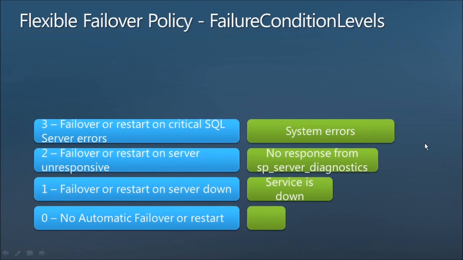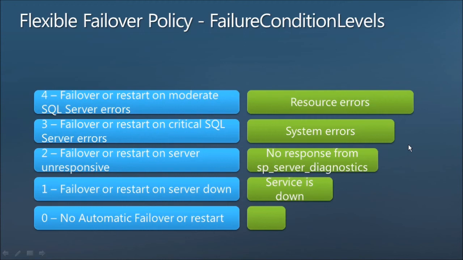The third level is the default level. So only when the system error happens or all the below error happens, a failover will be triggered. If you set the failover condition level as 4, then you will add the failover response for resource pool errors.